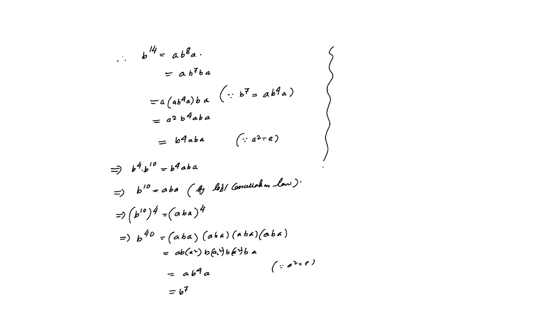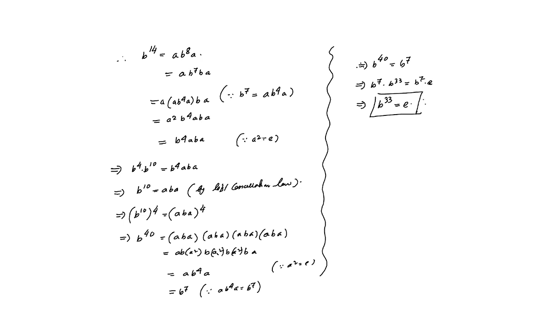So therefore B to the power 40 is equal to B to the power 7, since A B to the power 4 A is given as B to the power 7. And we can write B to the power 7 times B to the power 33 equals B to the power 7 times identity E. Again we cancel B to the power 7 on both sides, and it will be B to the power 33 equals the identity element. So we have proved this result.